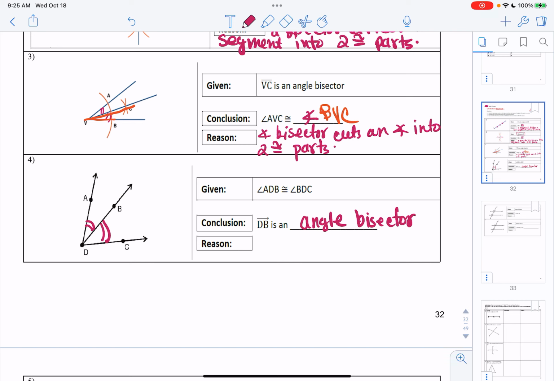You could write down the definition of an angle bisector, or you can say if a ray is cutting an angle into two congruent parts, then the ray is an angle bisector. I'm just going to keep it simple and say angle bisector creates two congruent parts. And as you can see, some of the reasons are getting repetitive. They're similar to what we have been working on so far.